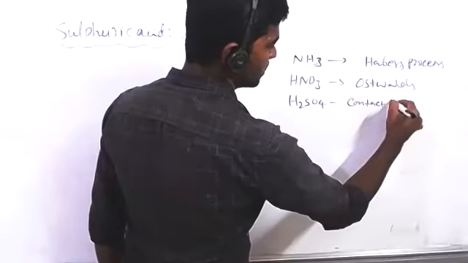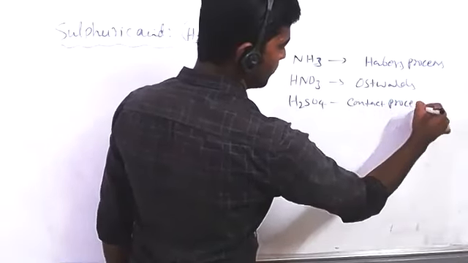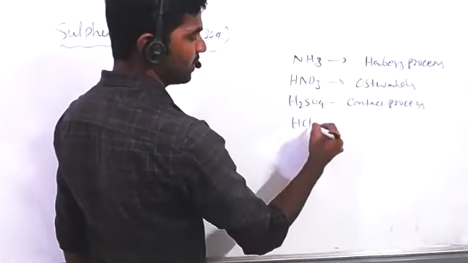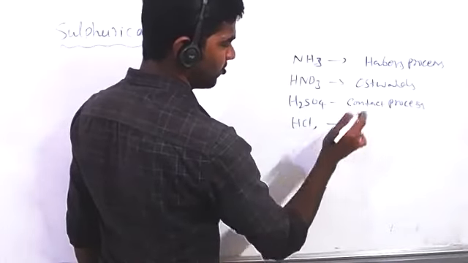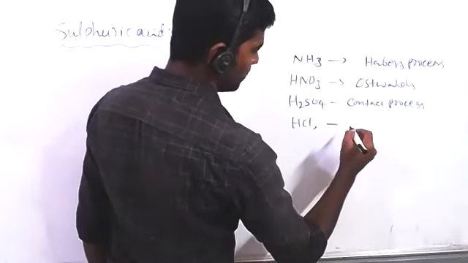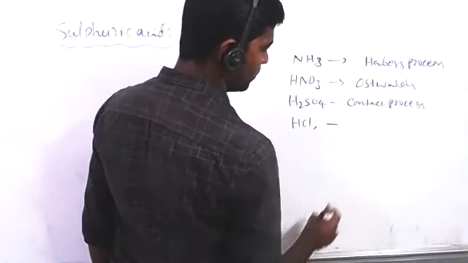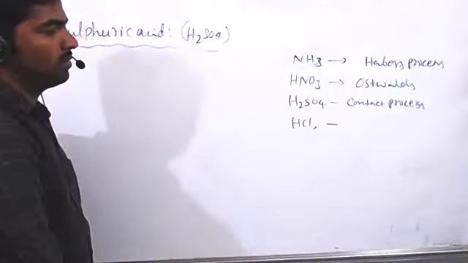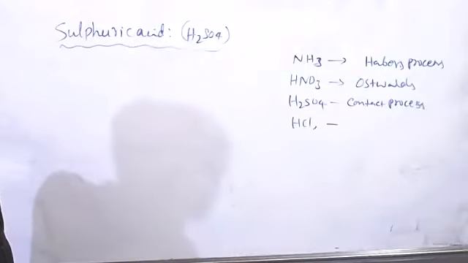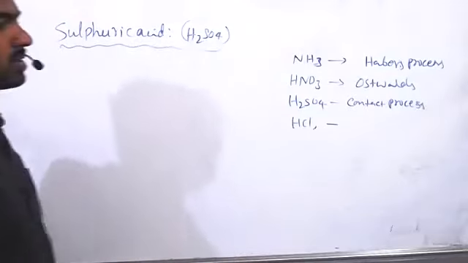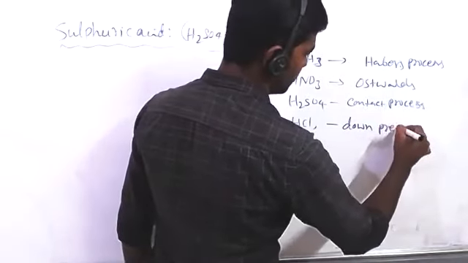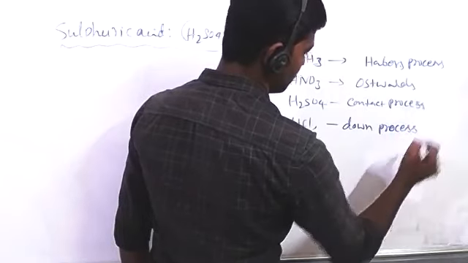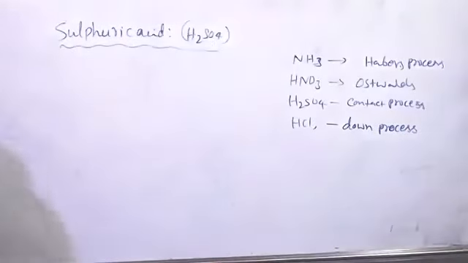Contact process. And we have HCl, and further chlorine will come; these are prepared by two methods, including Downs process. These process names are asked in many competitive exams.